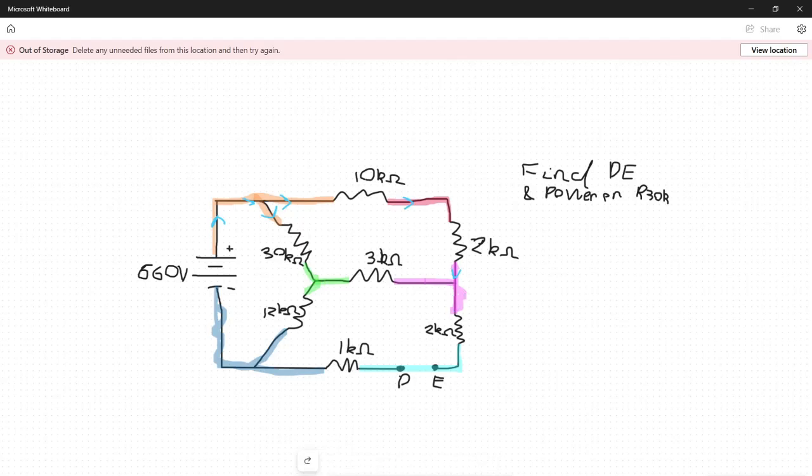But since there's no current going in there, notice it's still purple because it still has the same potential, but it's going to have no current flowing through it. And now you see this current from back here meets up with this current again because it's circled round.